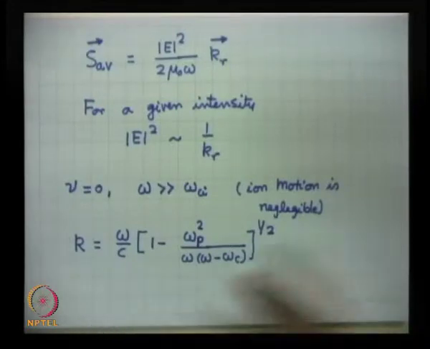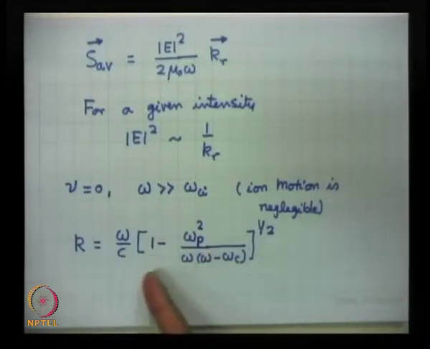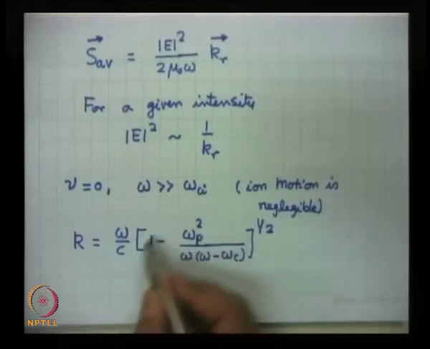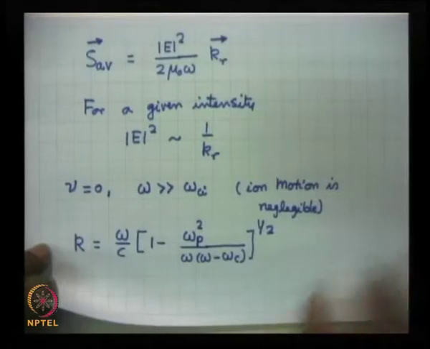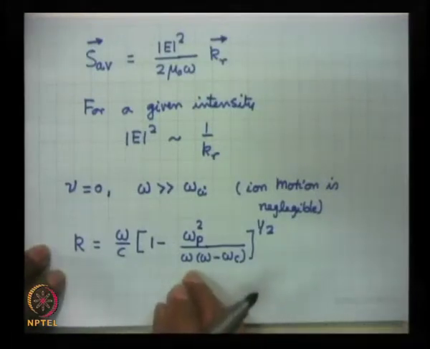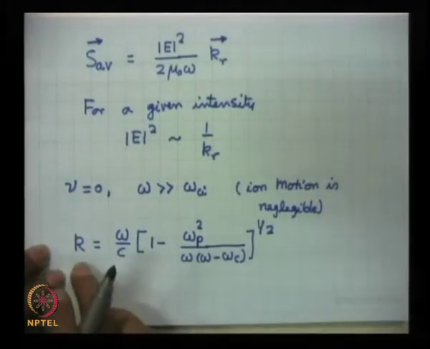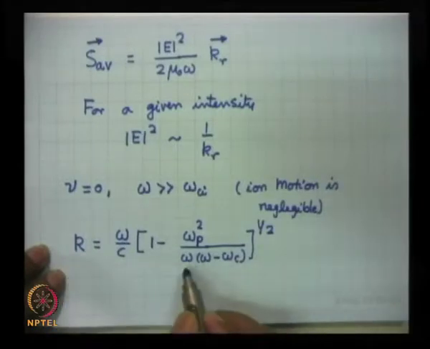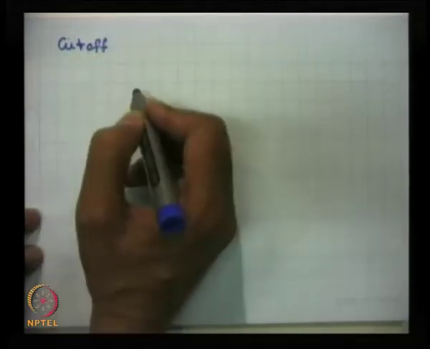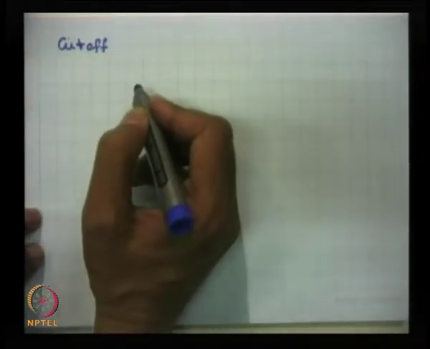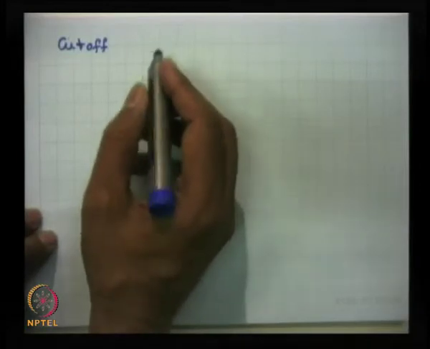On one side, k will be imaginary because this quantity will be negative, on the other side it will be positive or real. So, let me find out what the cutoff is. Cutoff means when k becomes 0; the frequency of the wave for which k becomes 0 is called the cutoff frequency. And because we are talking about the right circularly polarized wave, we will call it the right handed cutoff.